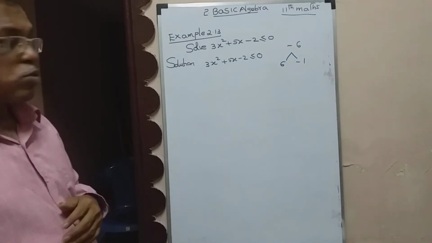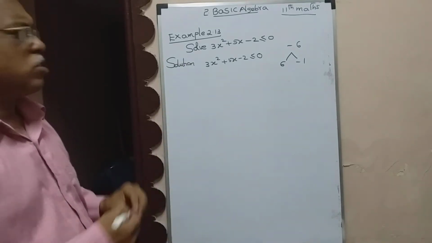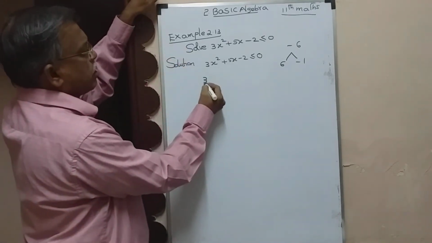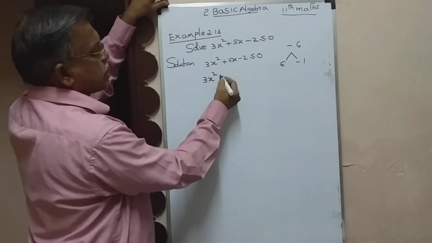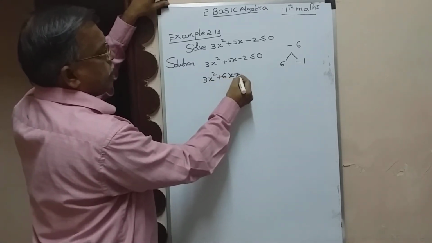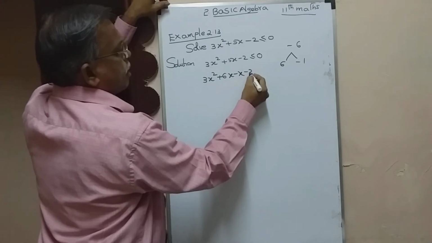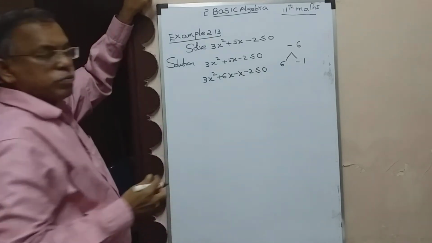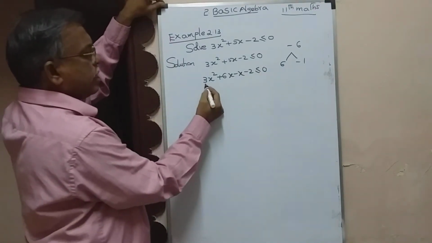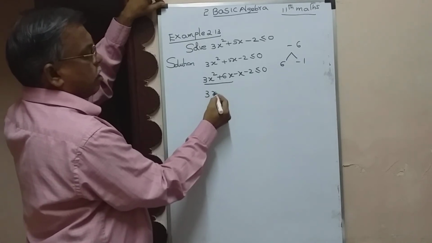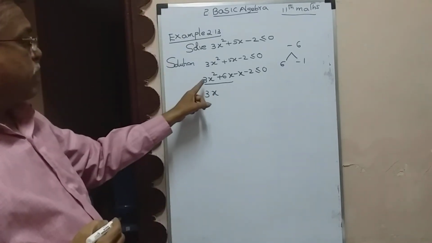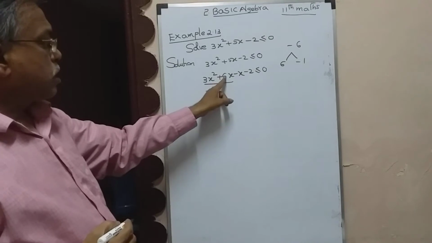You understand? So this is like splitting the middle term only. So what I can write here? 3x square plus 5x, 6x minus x, like this, minus 2 less than or equal to 0. Now, here in these two, 3x I can take common. எதுக்குன்னா இது 3x into x ஆயிடுக்கலாம், இது 3x into 2 ஆயிடுக்கலாம்.